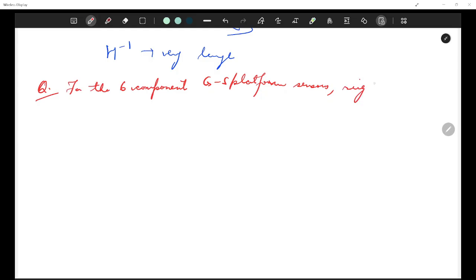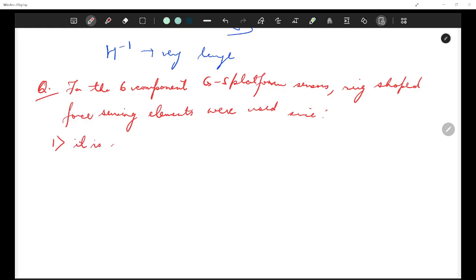Ring-shaped force sensing elements were used since... why were they used is the question. It is easiest to fix strain gauges on them.